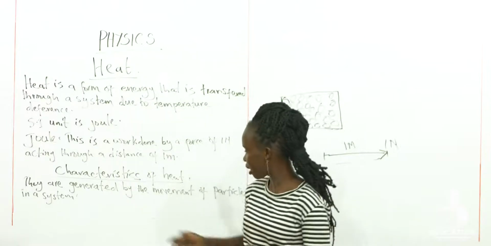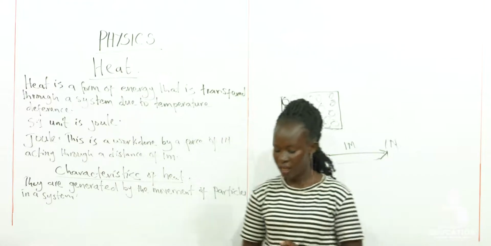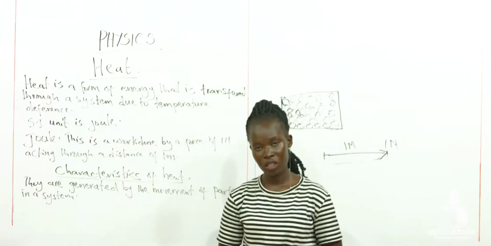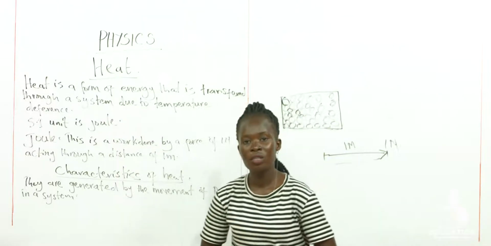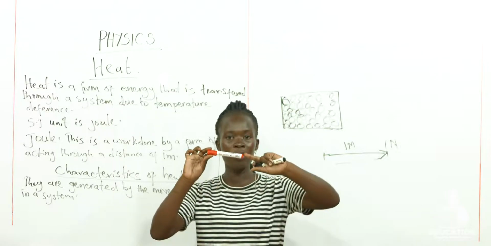So what is the second characteristic of heat? We can see there, we say that the faster these particles move, the more heat is being generated. So how can heat move from this point to this point so easily?